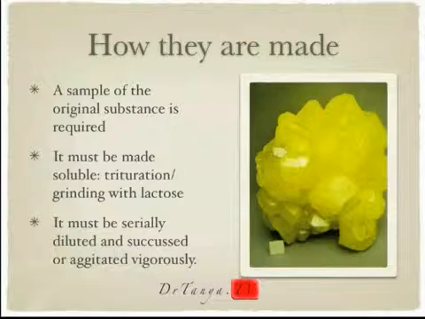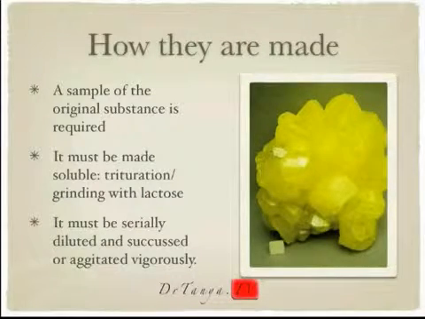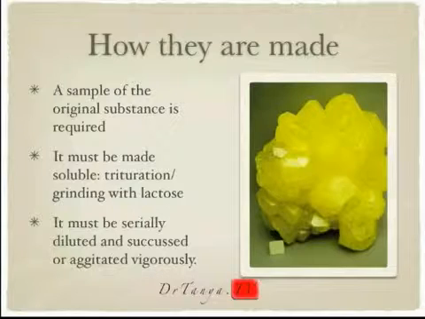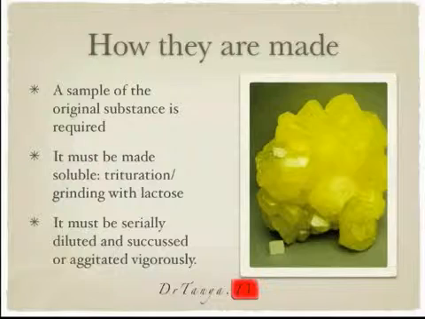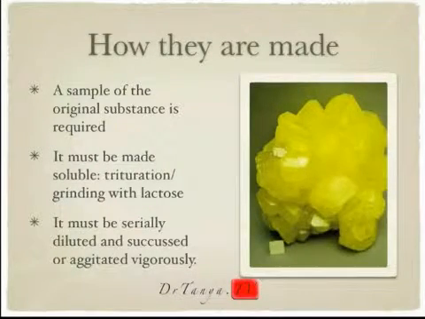Now, to make a remedy, you need the original material, a sample of that original substance to start with. And you basically need to solubilize it, make it into very fine particles, and this is done with a process known as trituration, which is essentially grinding up the substance, this is sulfur, with a bit of lactose, lactose being milk sugar and being considered inert.